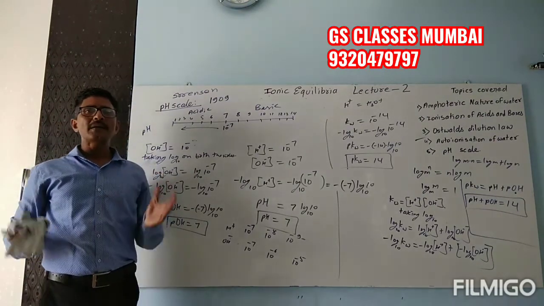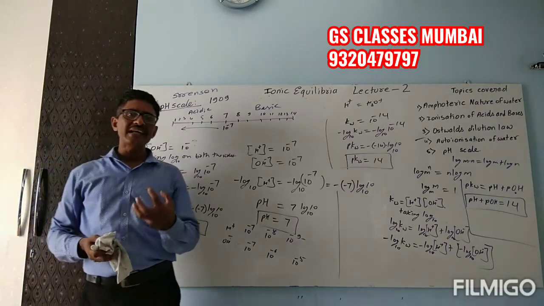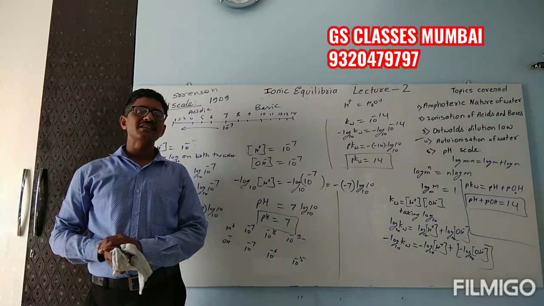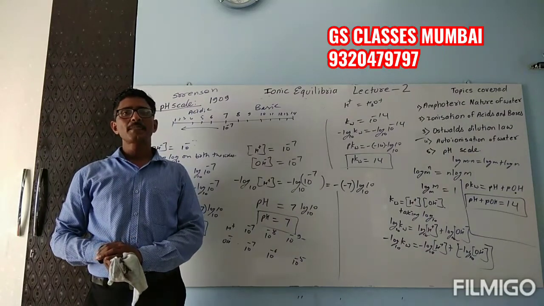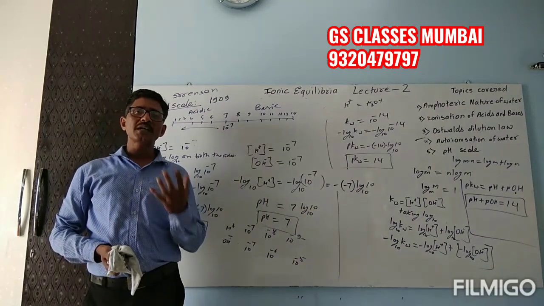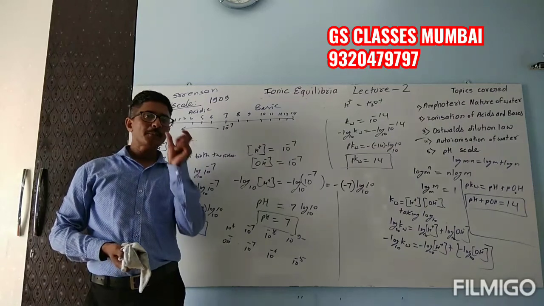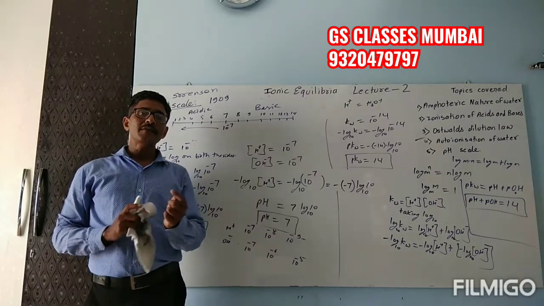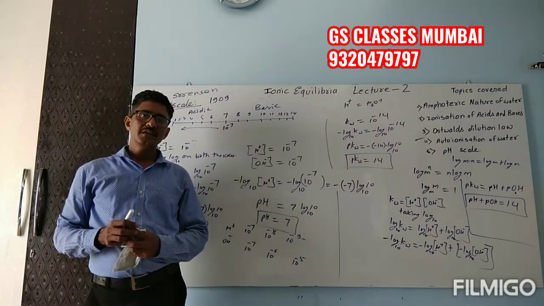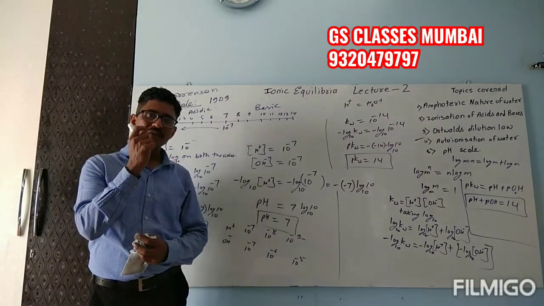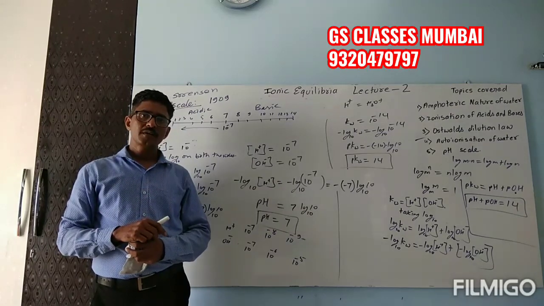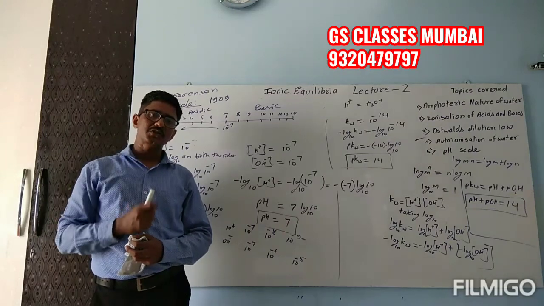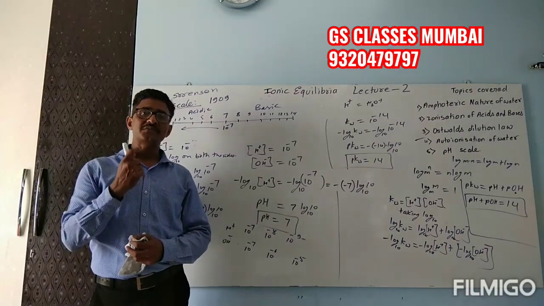So for common people, it has become very useful, very handy to find out the pH value to decide the acidity or basicity. Several soaps are there. Their pH values are already described. Even our blood has a specific pH value, and even a minute change in that pH will cause death.